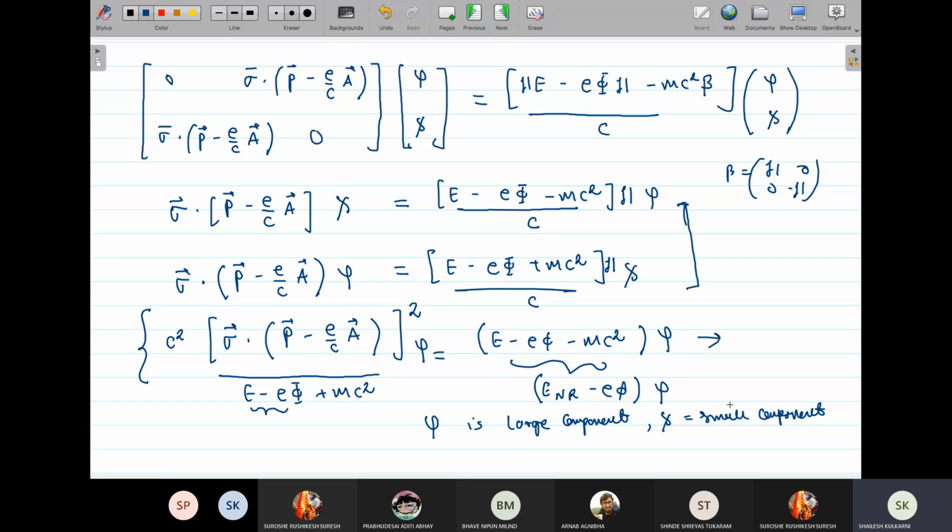Why is this large and small? Because of this factor: if you take the non-relativistic limit, one can see that chi is smaller than phi by a factor of v squared by c squared, or this factor, (E minus E_NR minus e phi) divided by 2mc squared.